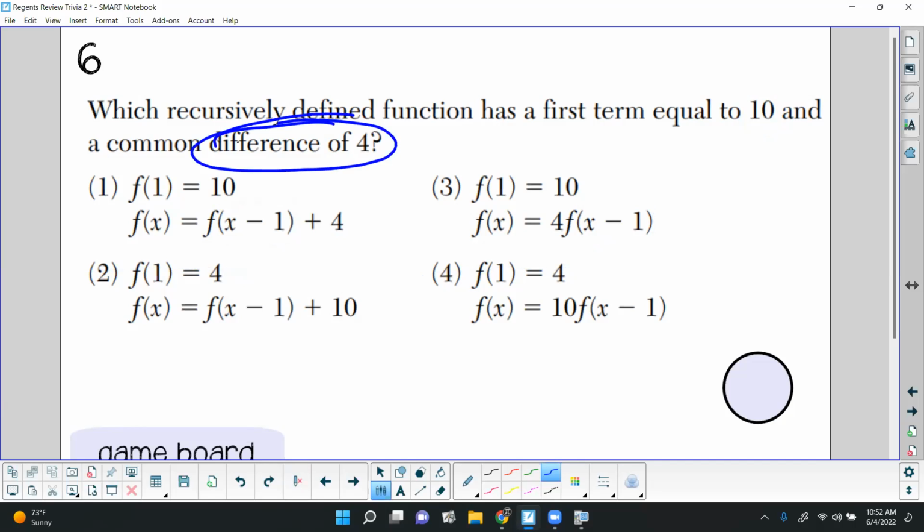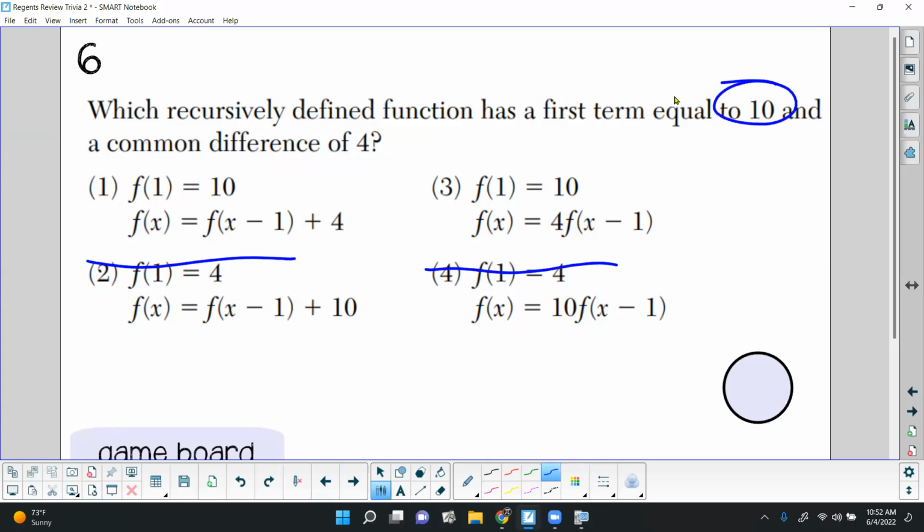So a difference is an adding or subtracting number. Very good. I'm seeing some more correct answers come in now. Thank you. So a common difference is when you are adding or subtracting.